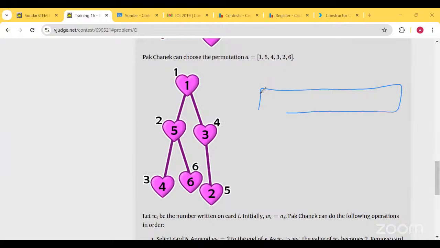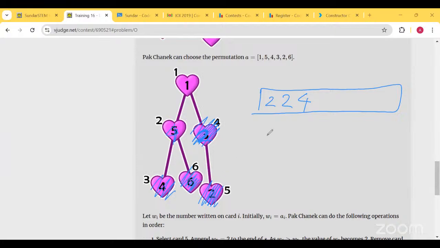At first, choose any leaf. For example, we choose this leaf. After we remove this, if the upper value is less than this, just make the value become this. All right. So if we take this, the value is 2 as well. And if we put 4 here, for example, this becomes 4.